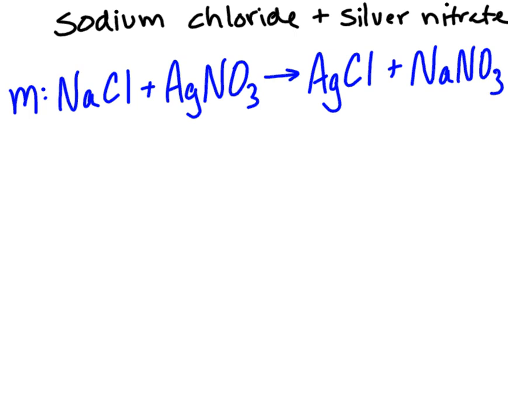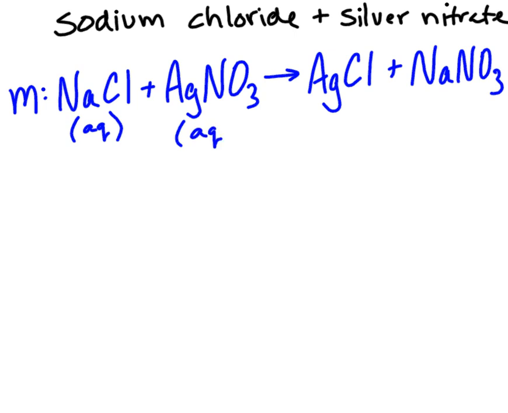Okay, now this is where we're going to start paying attention to the parentheses after each one, where we start talking about the states of matter. Because now that you know how to determine if something is soluble or not, now we can start labeling it. So this is sodium chloride, and it is aqueous, as is the silver nitrate.